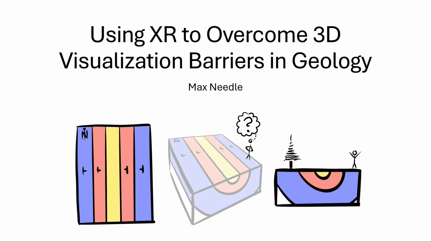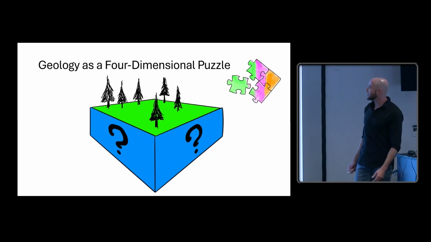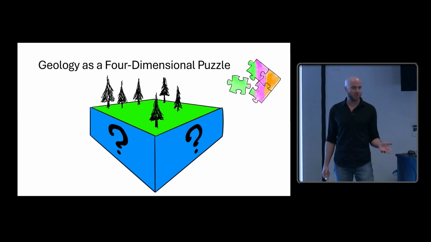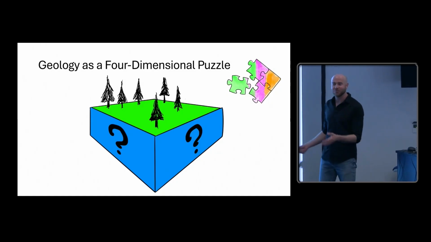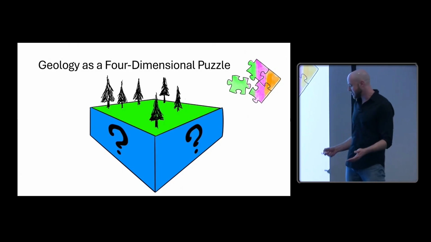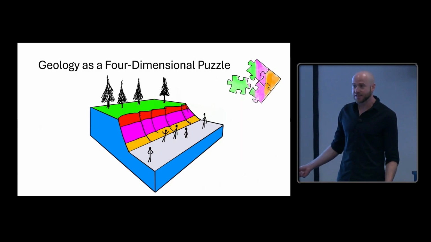So I'm going to talk about how we can overcome that and how we can make geology more accessible through XR. I like to frame my geology classes as solving a four-dimensional puzzle. So we live on the surface of the Earth, and we're interested in what's below us in 3 dimensions. And sometimes we get a glimpse of this at the surface.